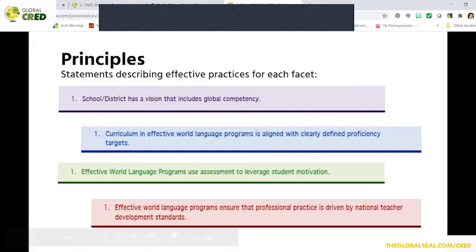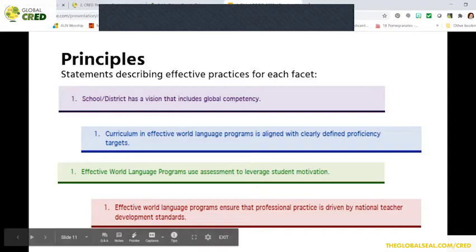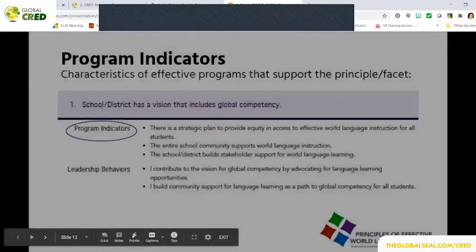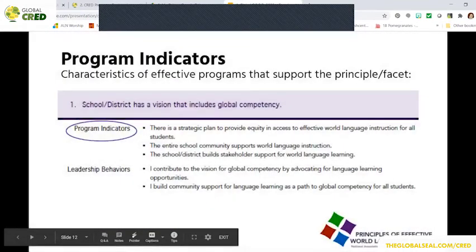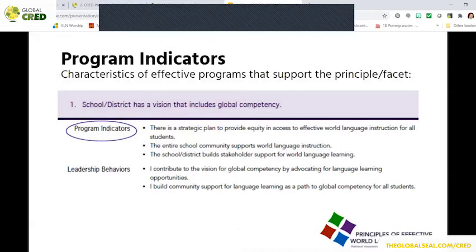And so under each of these principles, you will then also see that there are program indicators. And these program indicators would be something to the effect of, there is a strategic plan to provide equity and access to effective world language instruction for all students.